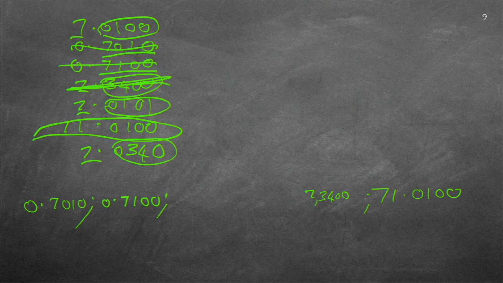So now we've got the 7.0100, we've got the 7.0101, and we've got the 7.0340. So what is our next one? It's 7.0340. And now we've got the two smaller ones, 7.0100 or 7.0101.